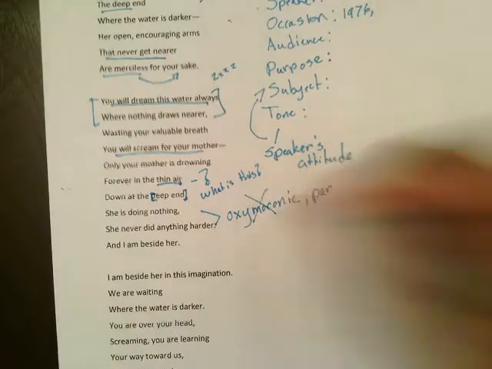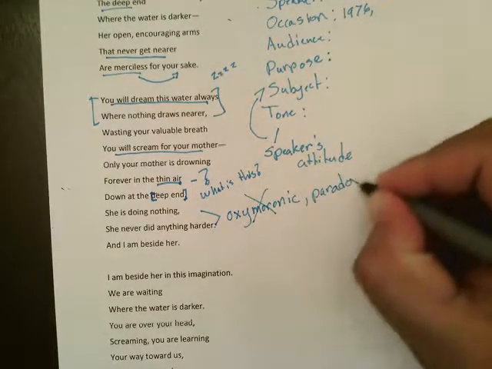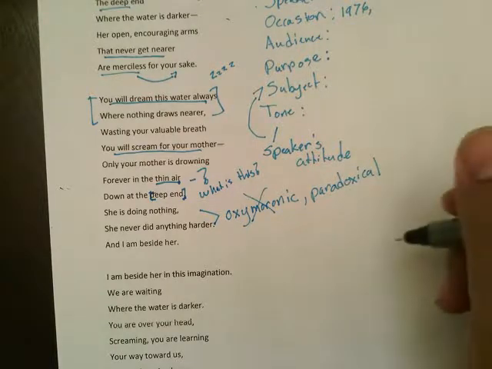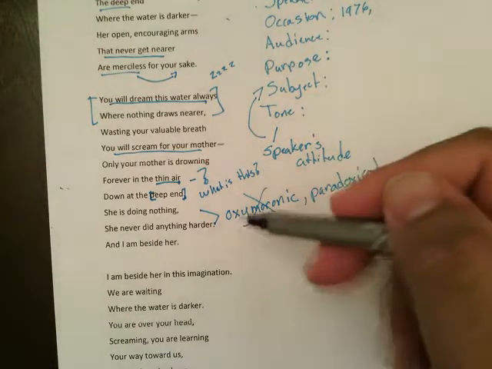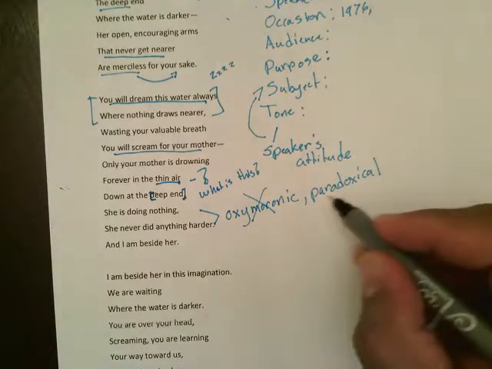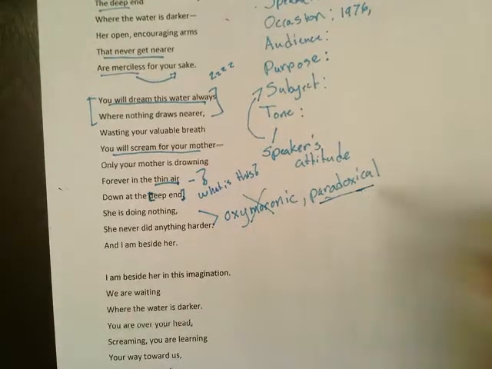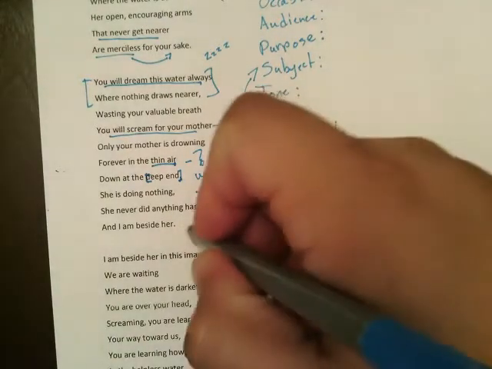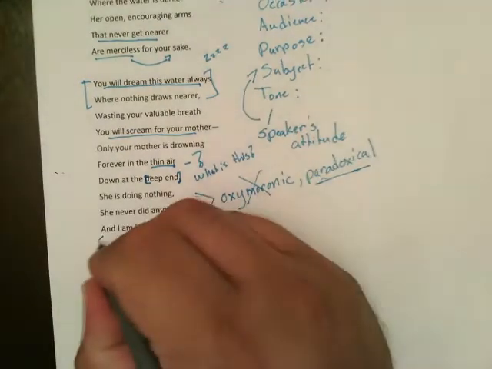Let's do paradoxical. A paradox is something that's true and untrue at the same time. If she's doing nothing, she can't do anything, but she's never done anything harder. That's a paradox. It's true and untrue at the same time. So I'm kind of wrestling with that in my mind. And I am beside her. Okay, so finally we have the speaker.